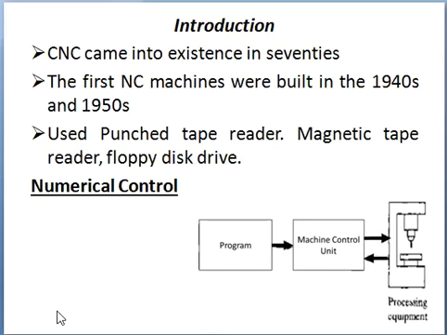Repeat and repetitive orders can be incorporated. If a component of 100 in numbers is to be produced, one set of instructions is passed into this CNC machine.